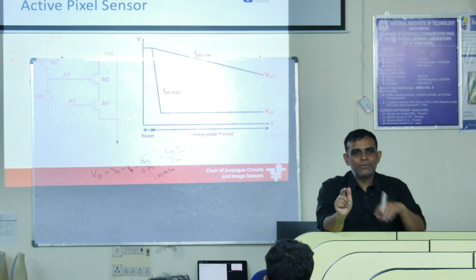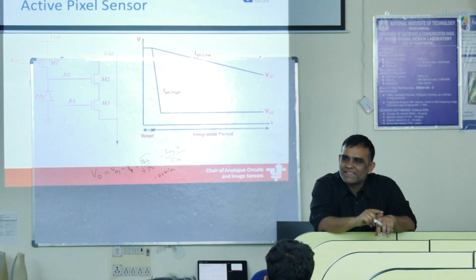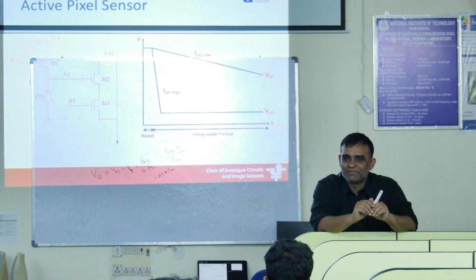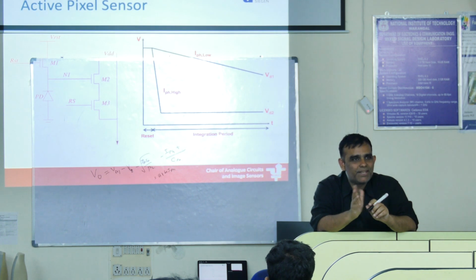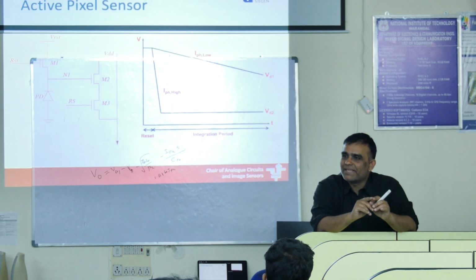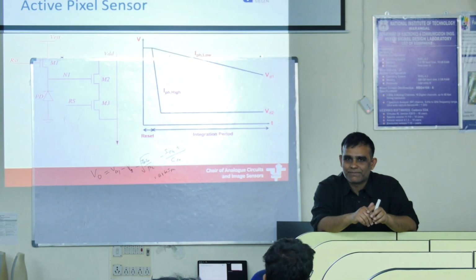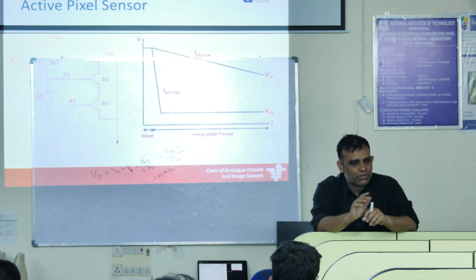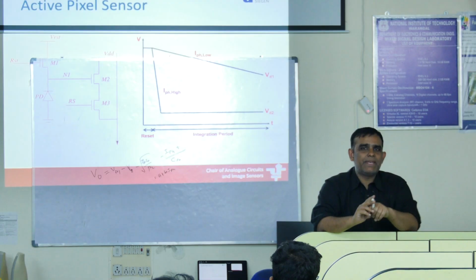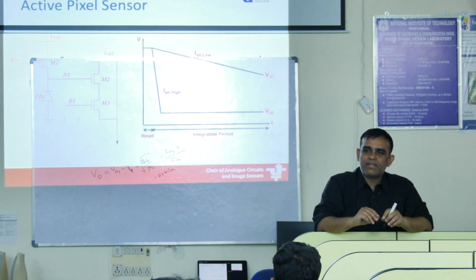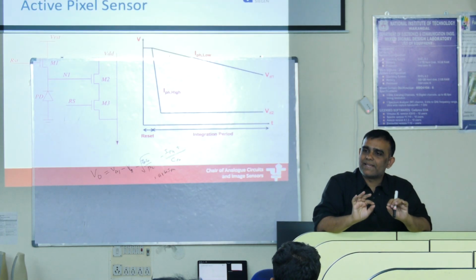Now, there is a rule of the game that no two transistors are exactly the same. The smaller you make them, the more their variability. Some of you who have done electronics courses might have done things like Monte Carlo simulation, to simulate the same circuit many times, to simulate the effect of mismatch and variability. We will do that later on. But for the time being, it's safe to assume that two transistors are not going to be alike.